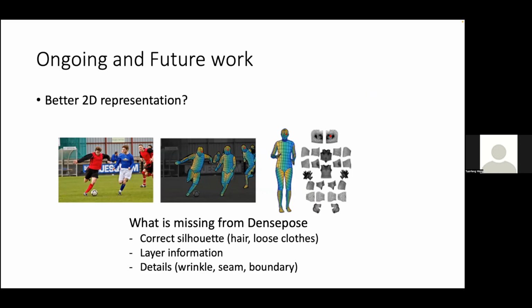There's completely no layered information, and also the details, for example the wrinkles and maybe the hair, are not well captured. So how to train a model that can give you such detailed information is also very critical to make the network able to capture the fine detail.